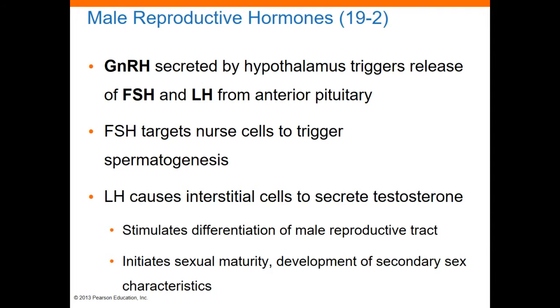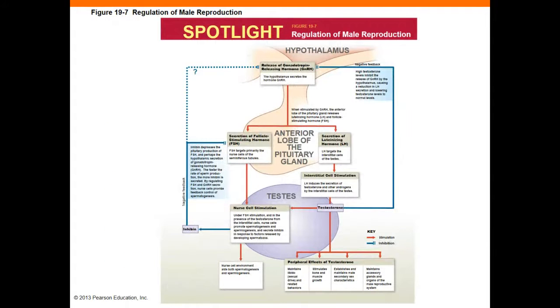As we're starting to get all of this production, the testosterone can feed back to the hypothalamus. This is shown on page 649. So what happens is that high levels of testosterone feed back to the hypothalamus.